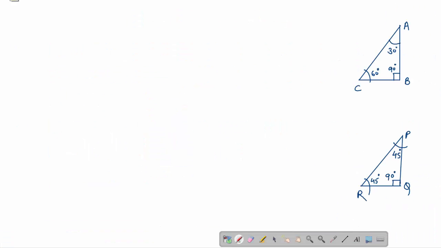Whenever you have a 30 degree, 60 degree, 90 degree right angle triangle, then the ratio of the length of sides is 1:root 3:2. It means this ratio is always maintained in this kind of triangle where the angles are 30 degree, 60 degree and 90 degree.